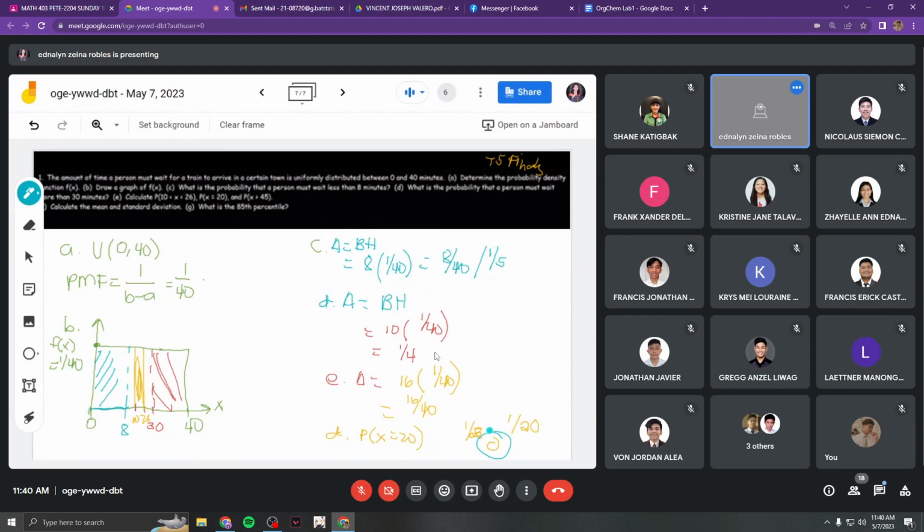And if we just form a line on that certain number, we cannot get the area. And sabi natin, ang hinahanap sa atin is the probability if x is equal to 20. So the probability if x is equal to 20 is equal to 0.